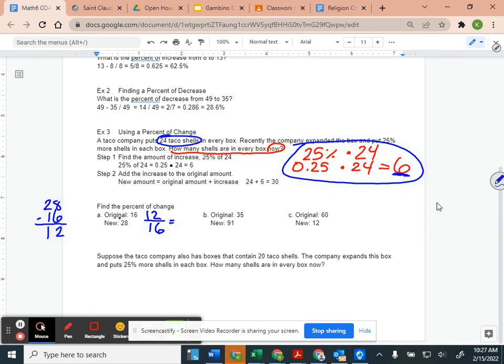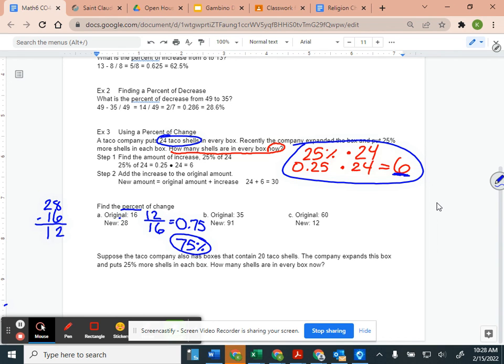What decimal do I get, Brielle? 0.75. But I need to say it as a percent. What percent would that be? 75%. So my final answer is 75%.